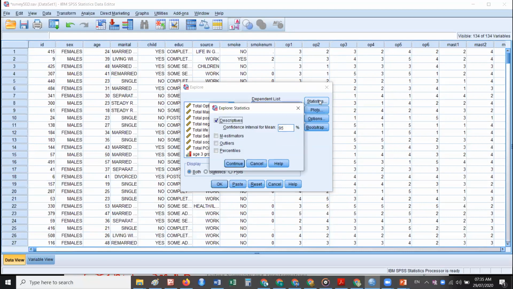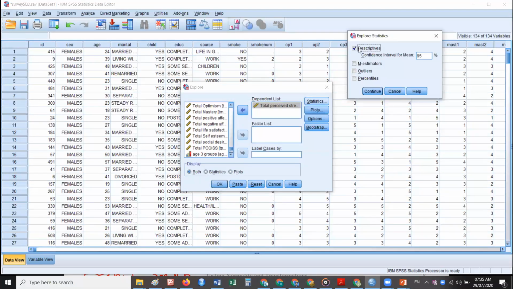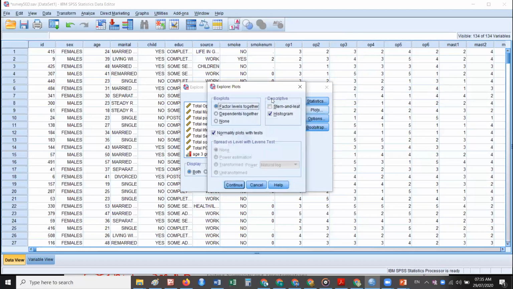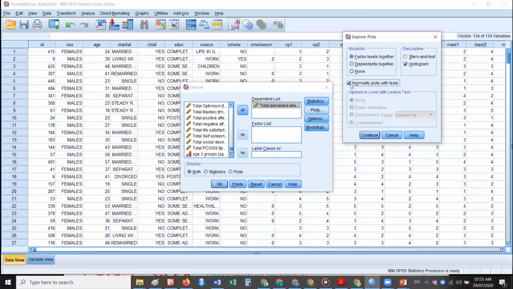In the statistics portion, you have to check or uncheck the statistics. If you need the descriptive measures, just check it. Continue. In the plot segment, one thing which is very important is the normality test. As I told you, two tests are used for checking the normality. One of them is called the Kolmogorov-Smirnov test, and the other test is called the Shapiro test. If I check this box, then these two tests will be implemented by SPSS.